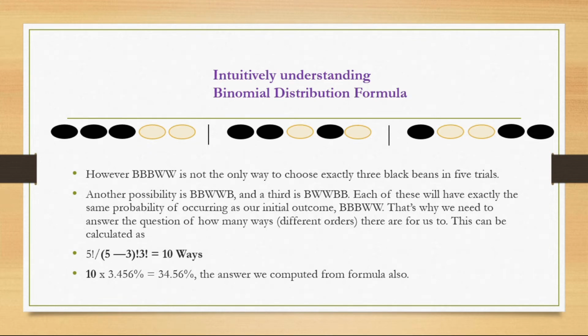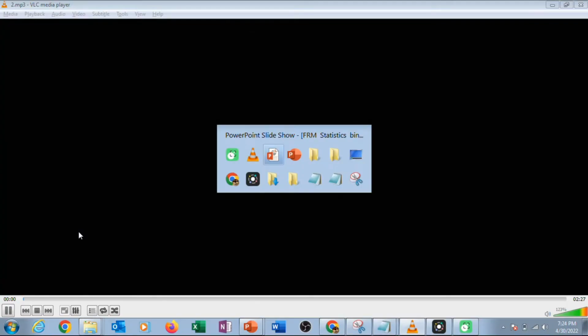This can be calculated as 5 factorial divided by 5 minus 3 factorial multiplied by 3 factorial, which is equal to 10 ways. This is the first part of the formula, nCx.